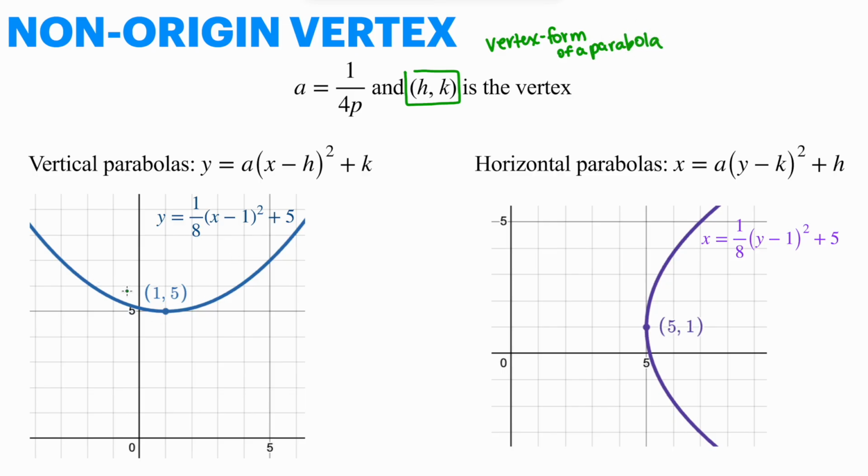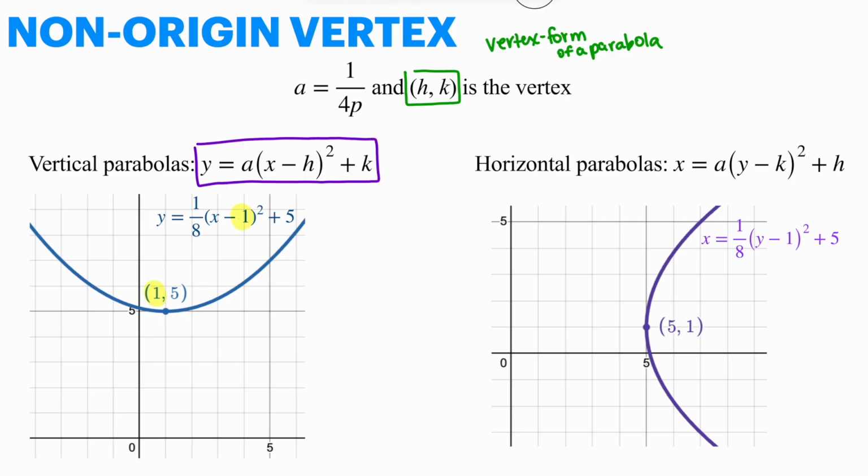So if it opens up or down, then you are going to use this equation. It's going to be y equals, if A is positive, it's going to open up, and if A is negative, it's going to open down. And then H and K is the vertex. So if you notice that my X value of my vertex is 1, and since it's X minus H, that's why there's a minus there.